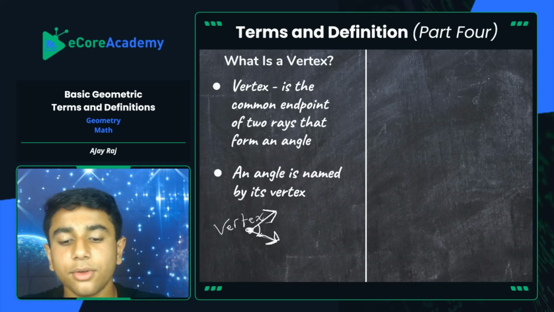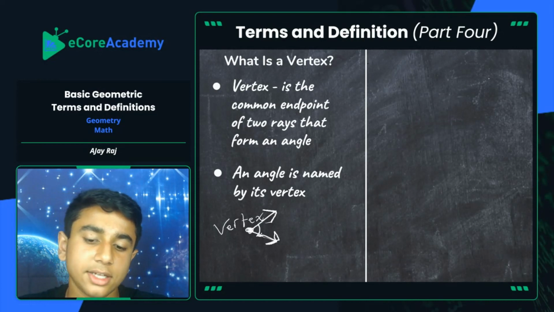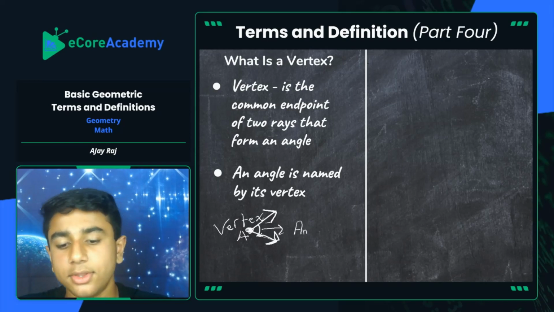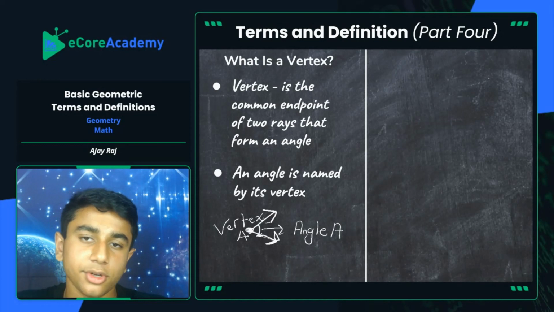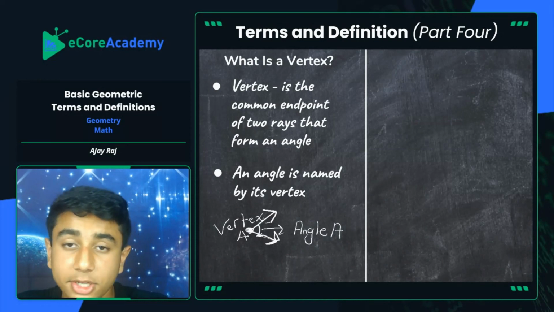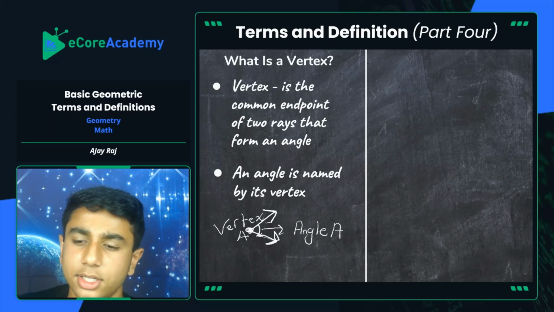Since this angle is right next to this vertex, if this vertex is named vertex A, that means that this angle is also named angle A, with a certain degree measure or radian measure. And a radian is another form of expressing a degree measure, and I will get into that later on, but it's a much more complex geometric concept to understand.